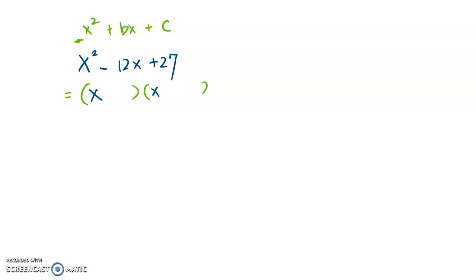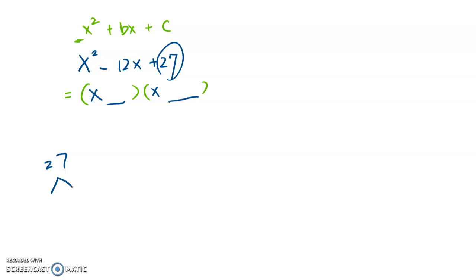All we have to do is find out these two numbers. We know they need to multiply to be c and add up to be negative 12. So we want to factor the c first, 27.